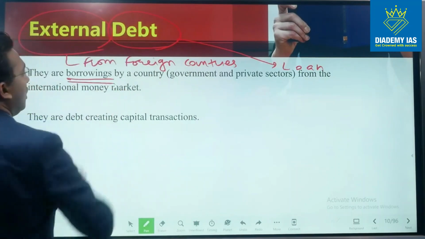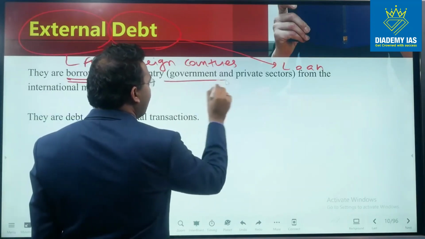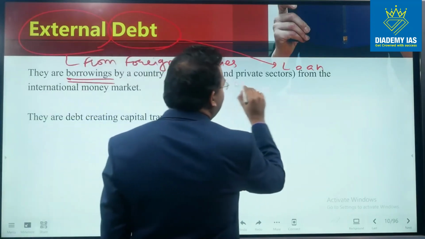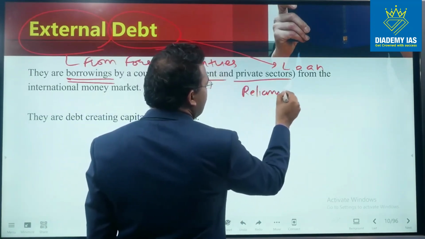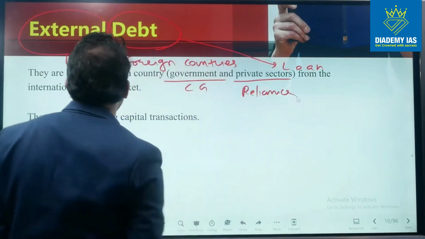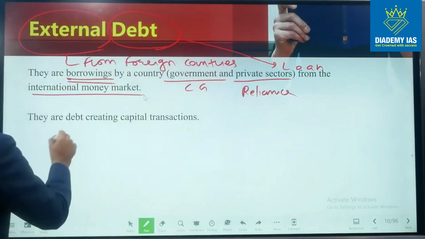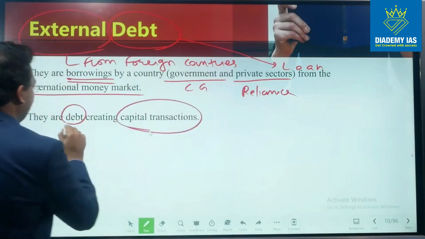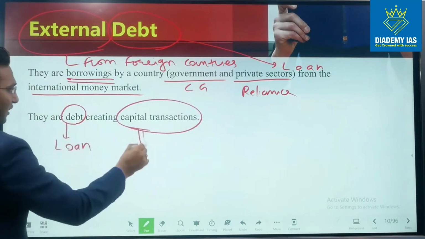Borrowings means the loan, and the loan can be taken either by the government, so the central government of India, or the private sector, companies like Reliance, Tata, etc., from the international money market, right? They are debt creating capital transactions. That means loan, capital transactions in the BOP.